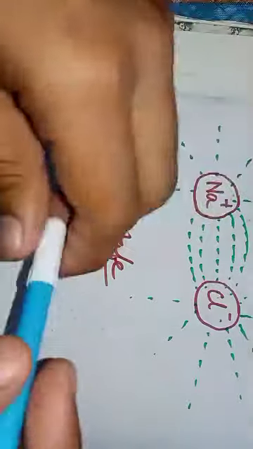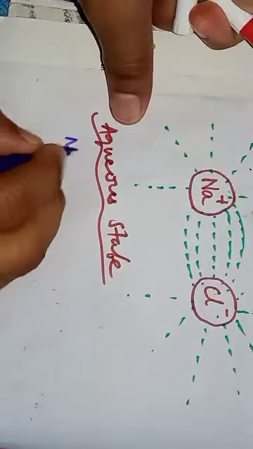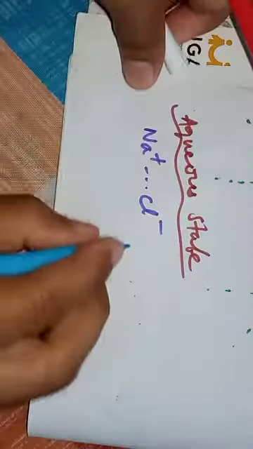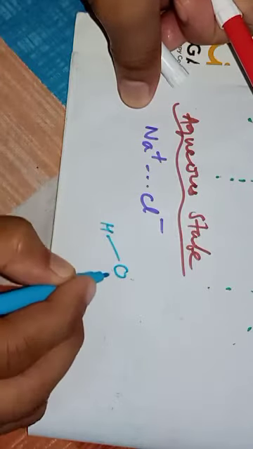So when you are dissolving NaCl in water, you know the structure of water is like this, H2O.